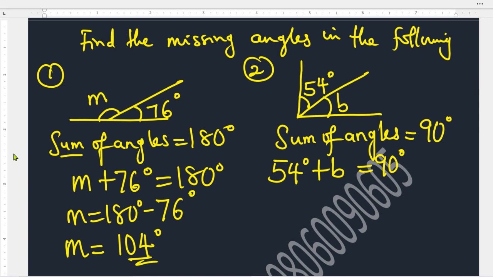So which number will be added to 54 degrees? That's B. How can we get angle B? We subtract 54 from 90, so B is equal to 90 degrees minus 54 degrees, which is 36 degrees. So the missing angle in the right angle is 36 degrees. All right?